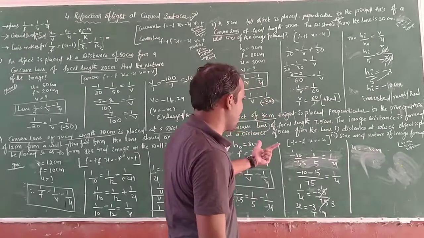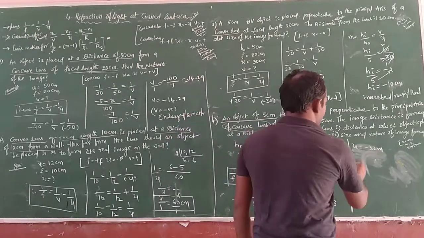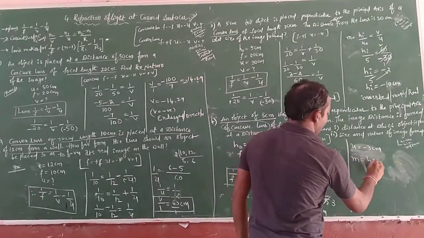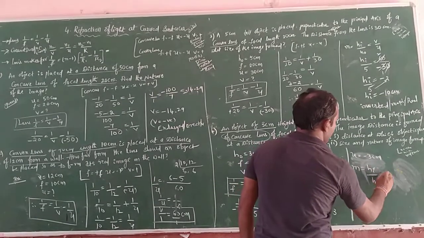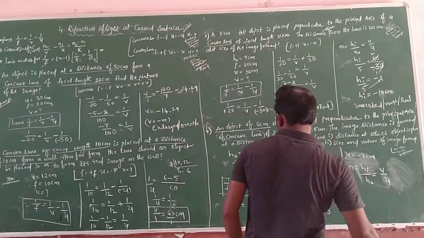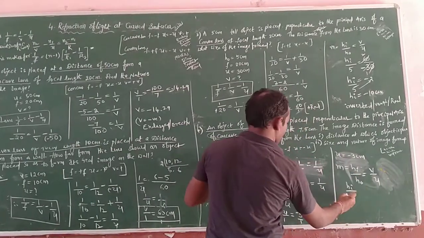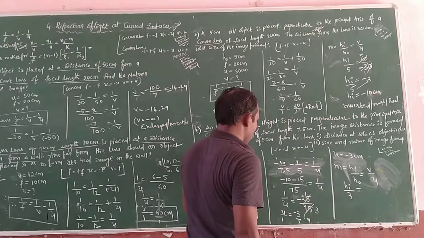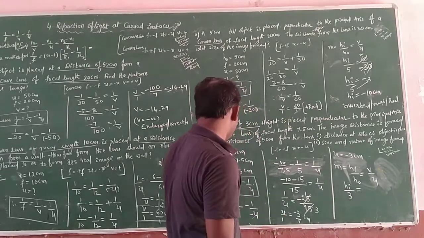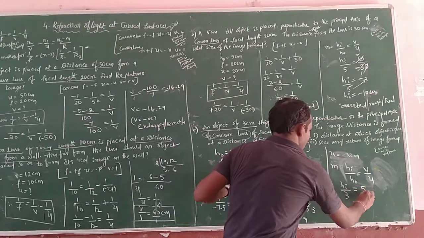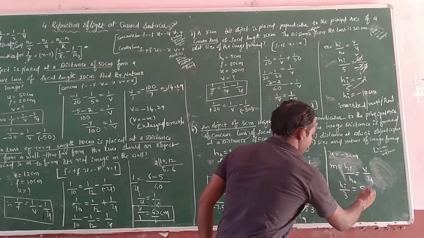Below this we apply the magnification formula. Magnification is equal to hi by ho is equal to v by u. What is the ho value? ho is equal to 3. The v value is 5, and u value we obtained is minus 3.